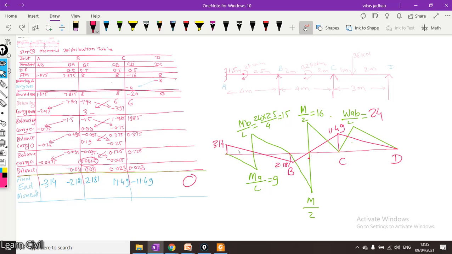So this will be your effective bending moment. So this is the final bending moment diagram for this particular beam.